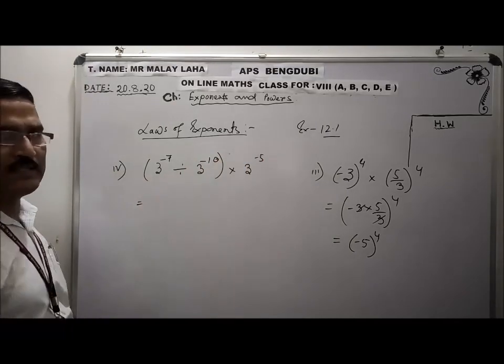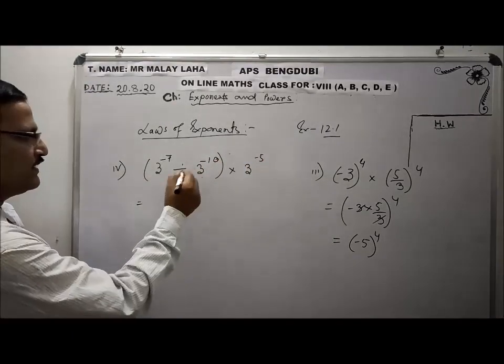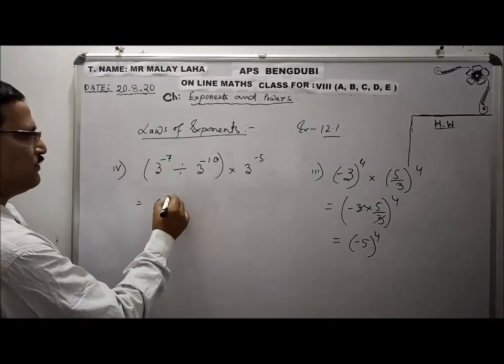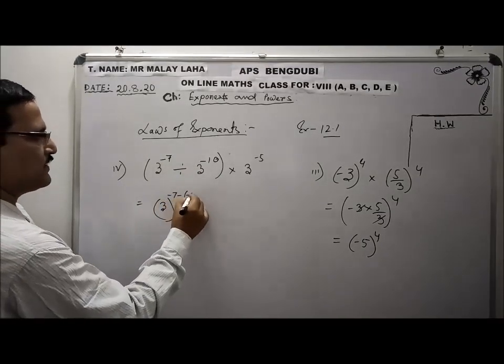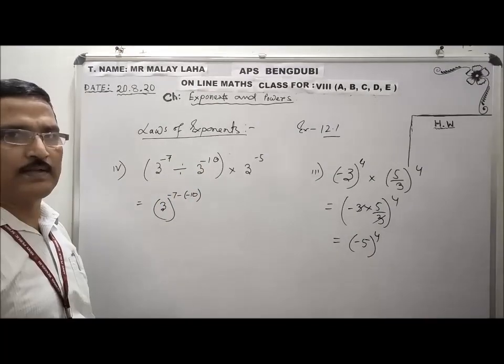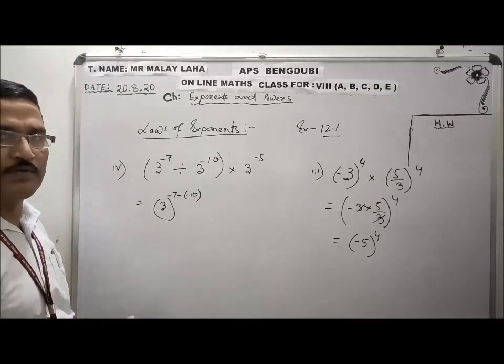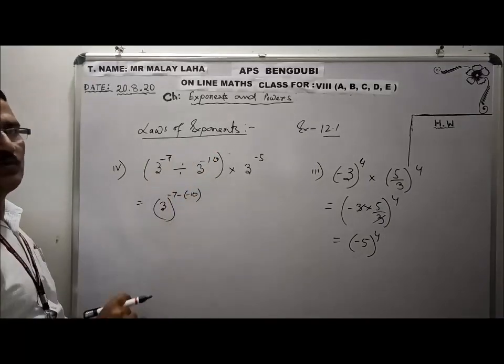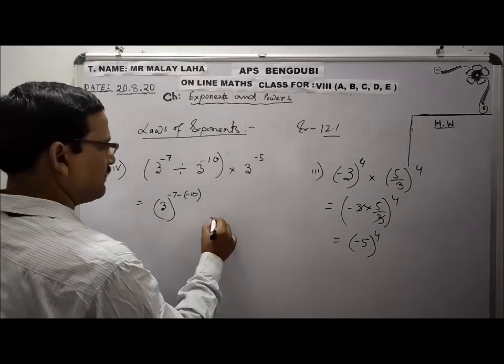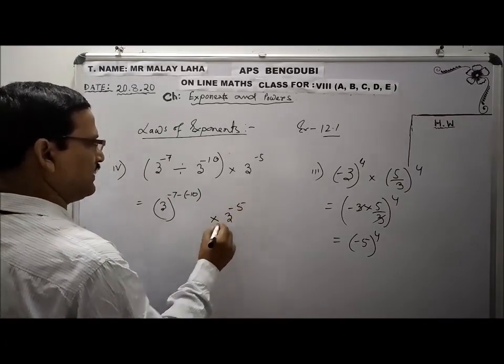Both the rational numbers have the same base, and the powers are different. So under one power we have to calculate minus 7 minus 10. So powers will be subtracted. When both have the same base, we have to divide, so we subtract the powers over the one base, multiplied by 3 raised to minus 5.